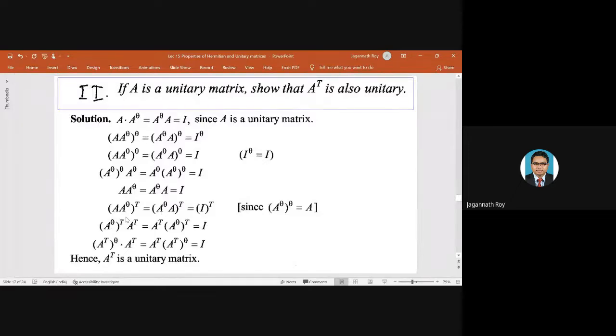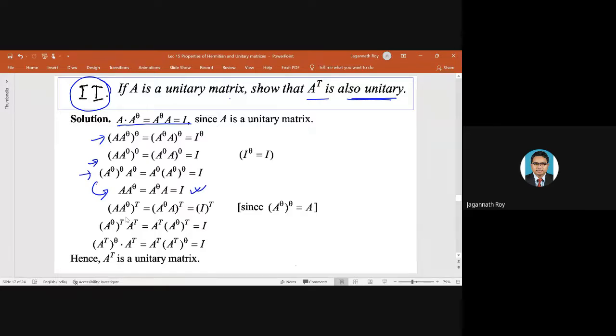Similarly, property 2 says if A is a unitary matrix, then A transpose is also unitary. So A is unitary means this property will hold. Now you take the complex conjugate transpose. So if you take this, you will get this relation, and from here you get this.